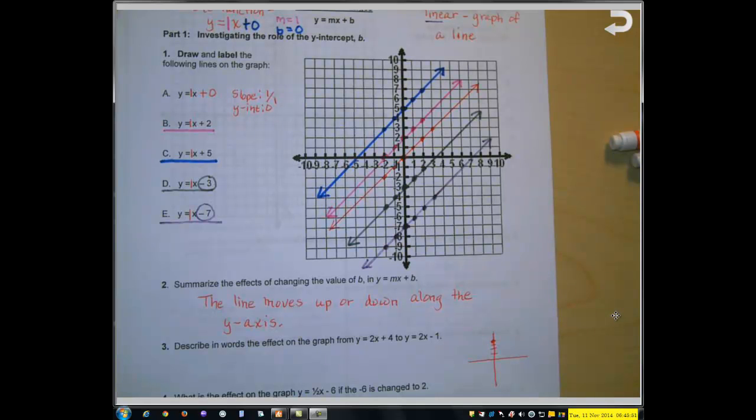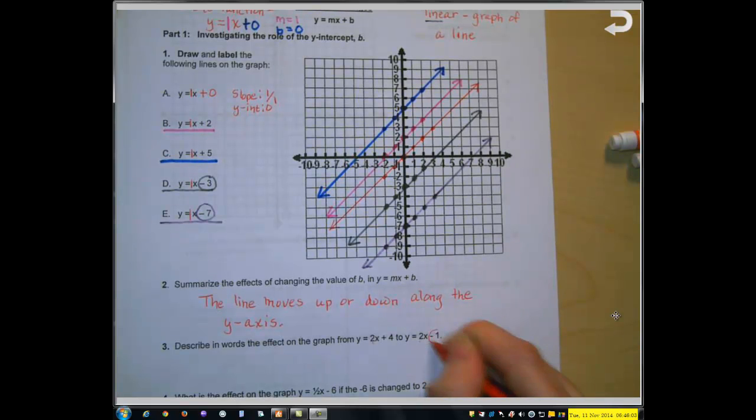And I'm not going to graph the whole line. We're mainly concerned about the y-intercept because the slopes are the same. If we were to graph y equals 2x minus 1, it would have a y-intercept of negative 1. So I'll just sketch in the graphs. We're not going to worry about the slopes because the slopes are the same.